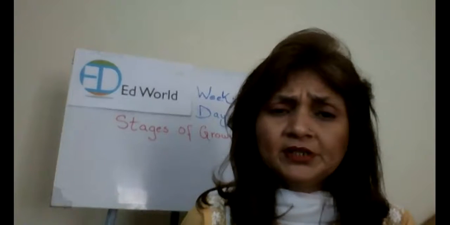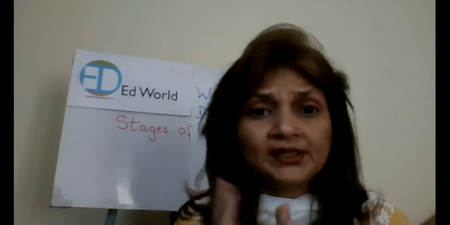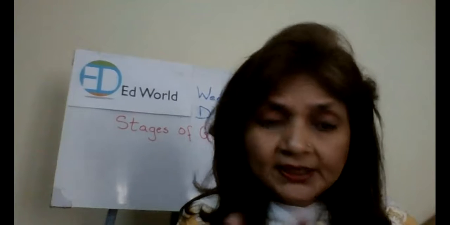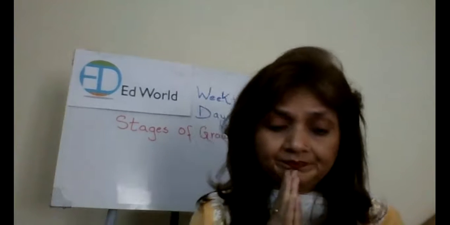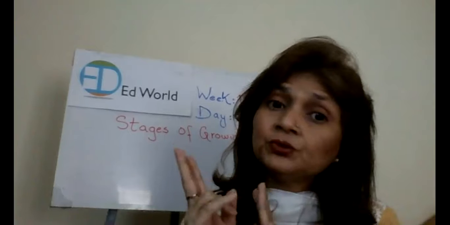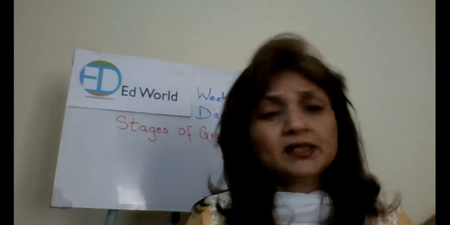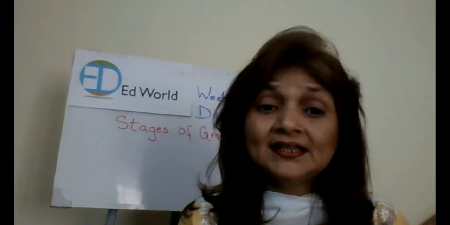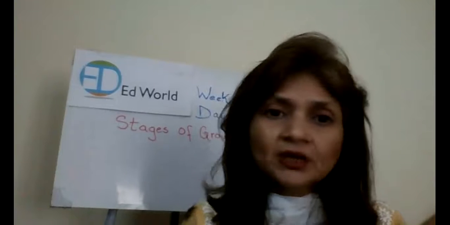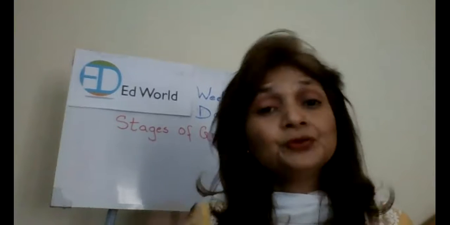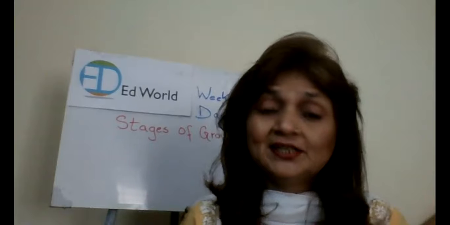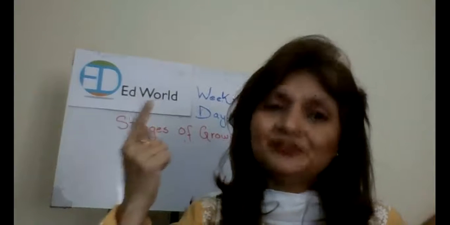Now, tell me, children, can you think of two things that a baby needs help with? Name any two things that a small baby needs help with. A small baby cannot do that. Yes, Neha? Yes, a baby cannot eat food itself. So you need to feed the baby, right? So the first thing is feeding.